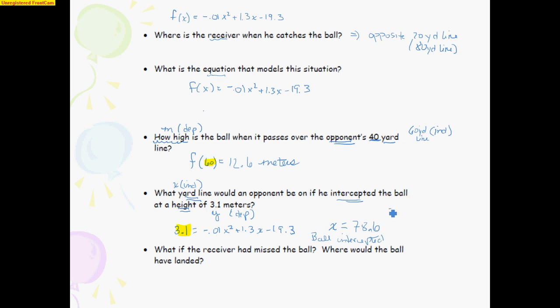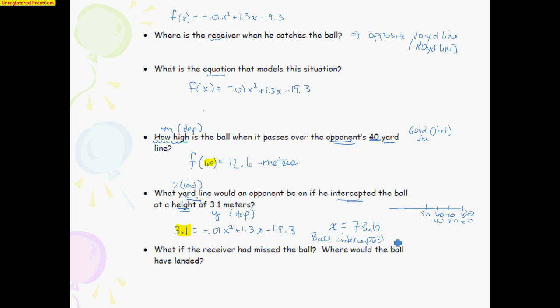Remember we had, this was the 50-yard line, then the 60, then the 70, then the 80, but remember that really was the 40, the 30, and the 20. So it would be about what? 78.6 would be about the 22.